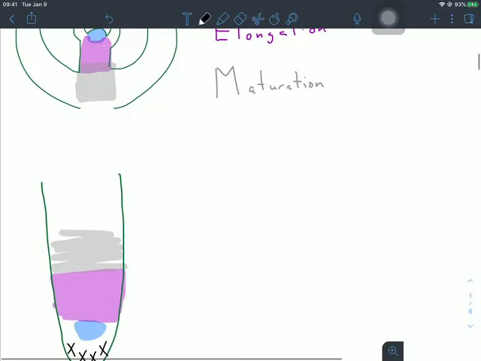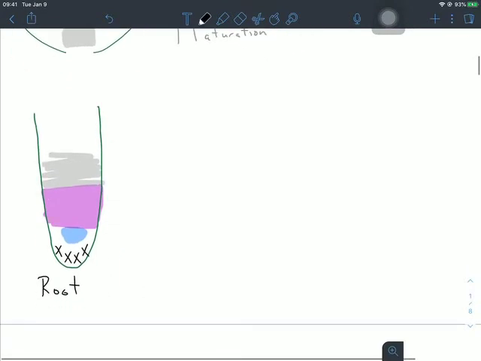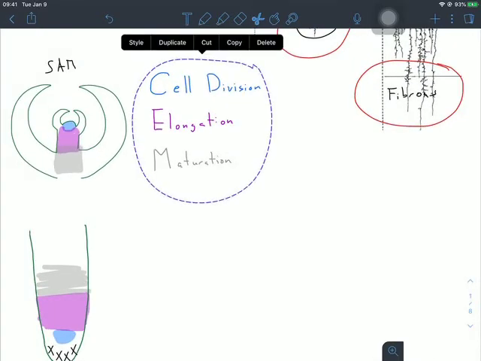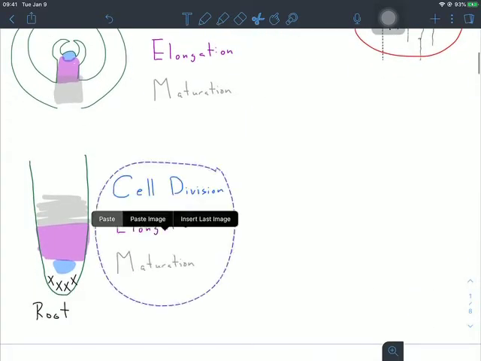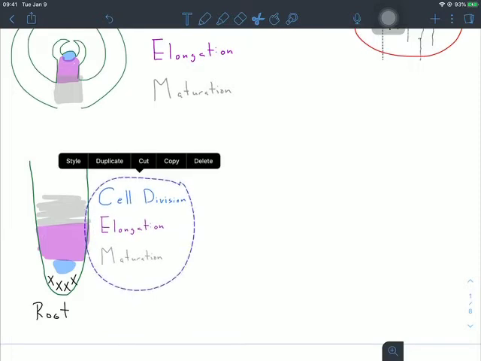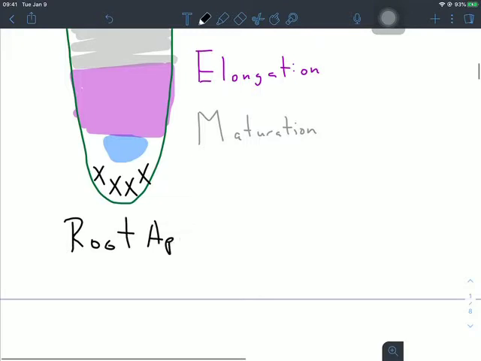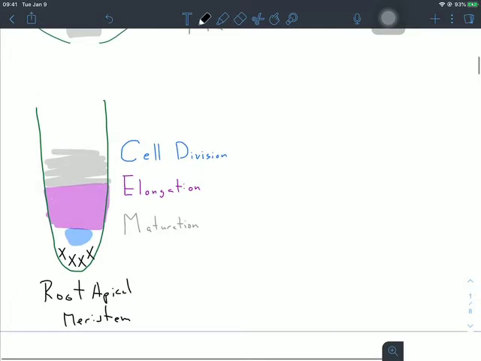Looking at this in our root, taking our previous lecture's drawing, we see that there is a slight difference in these three regions within our root apical meristem. You'll see that the region of cell division is not quite at the very tip.